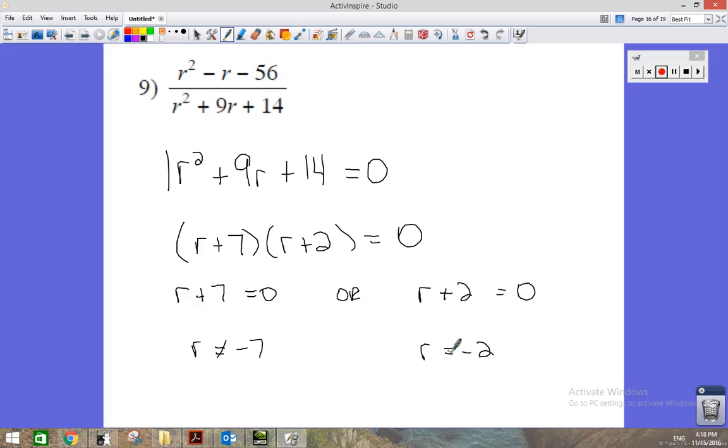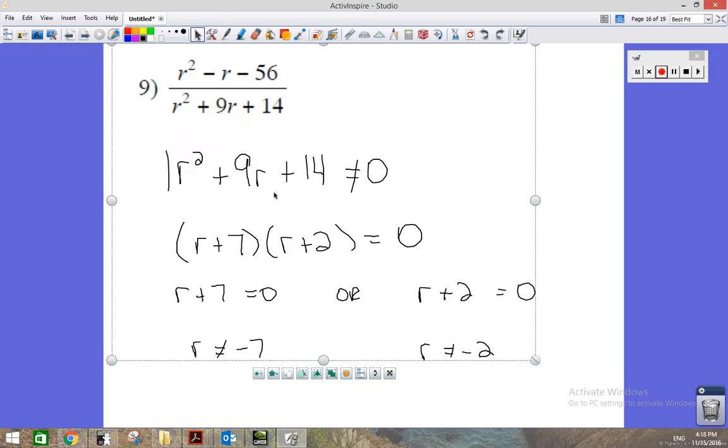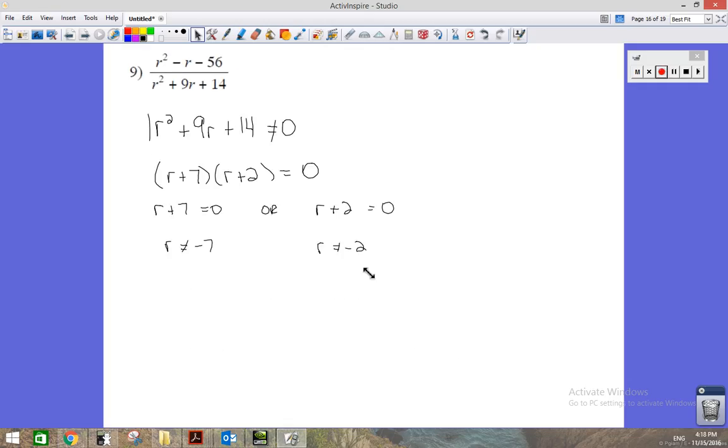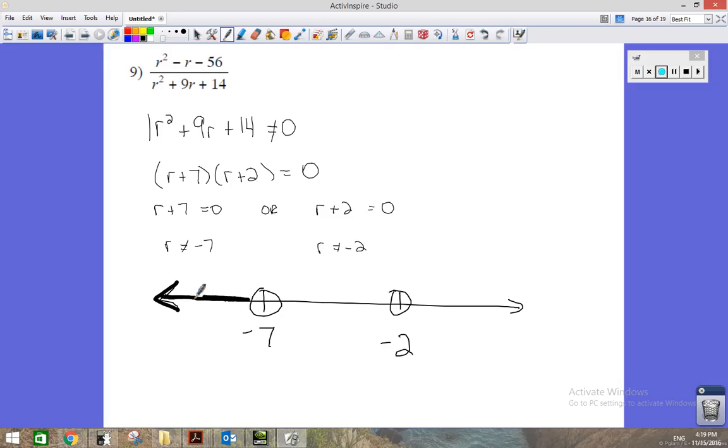We need to avoid that because really we want this to never equal 0. Negative 7 is smaller than negative 2. So on my number line, I have negative 7. Over here to the right somewhere is negative 2. All of the numbers that are not negative 7 or negative 2, they're in my domain.